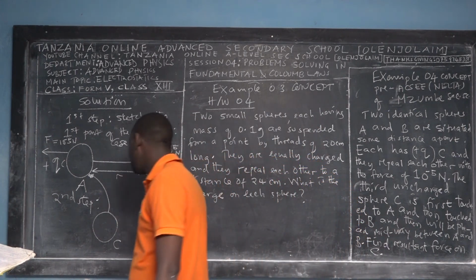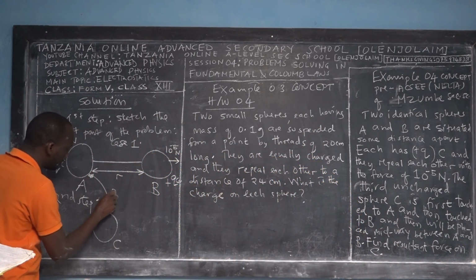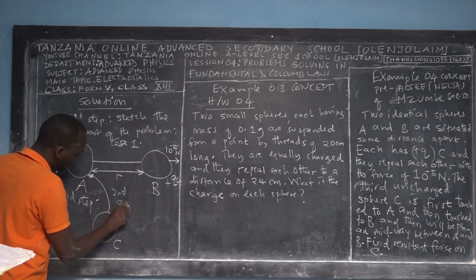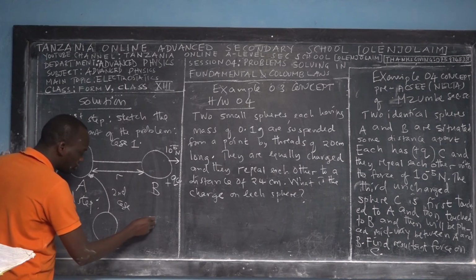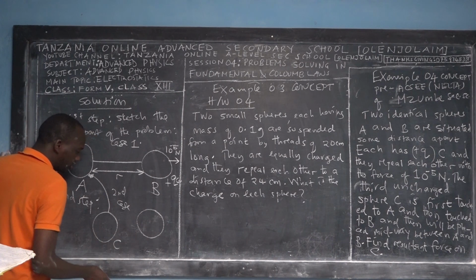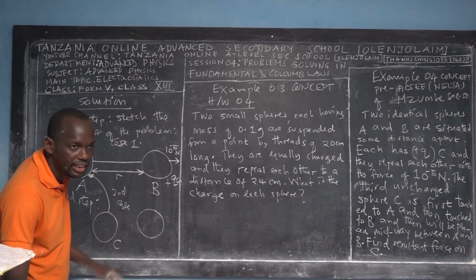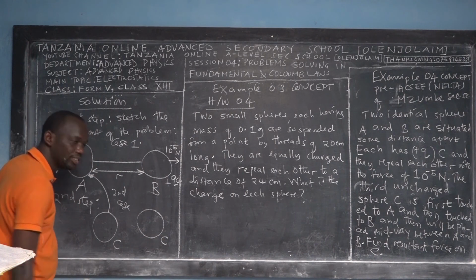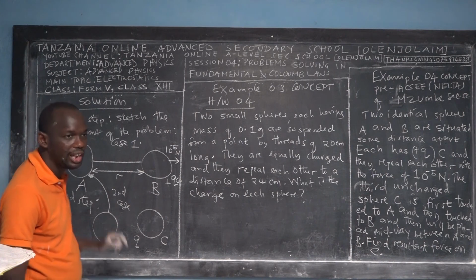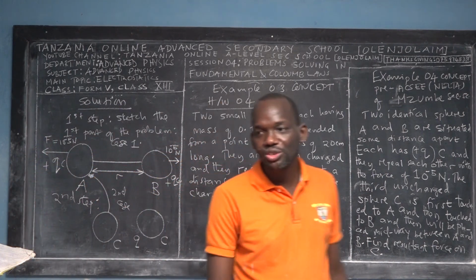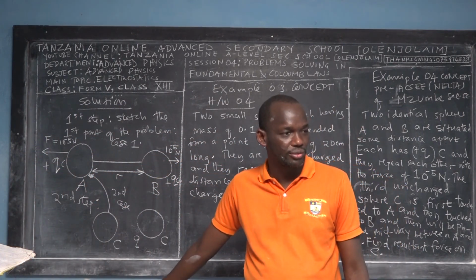Then it is taken away, and now we have a new sphere C with a certain quantity of charge, which has been charged by sphere A, and you have determined the magnitude of that charge.